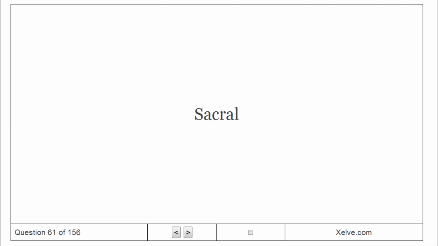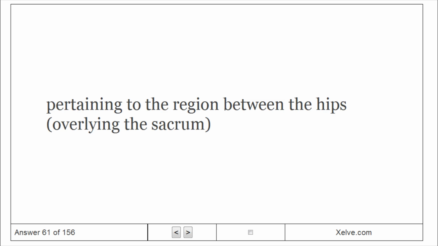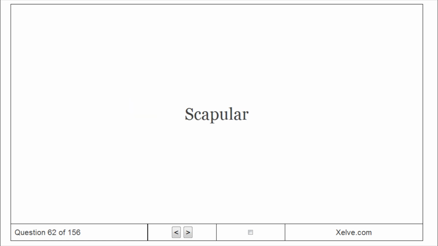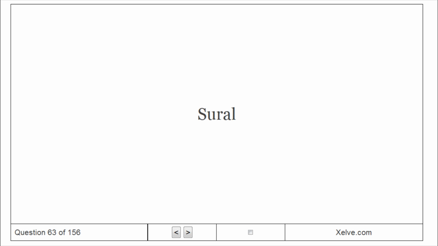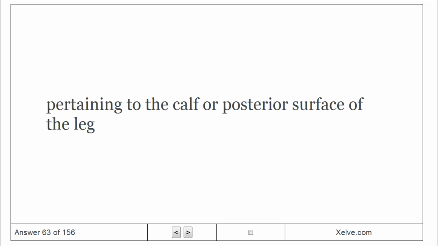Sacral: pertaining to the region between the hips, overlying the sacrum. Scapular: pertaining to the scapula or shoulder blade area. Sural: pertaining to the calf or posterior surface of the leg.